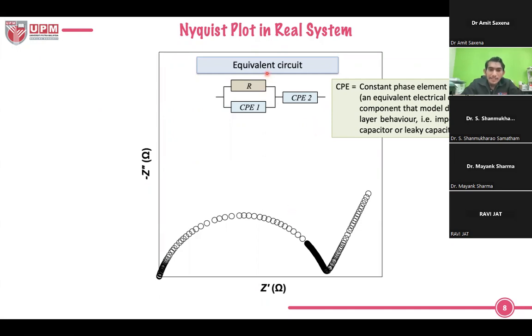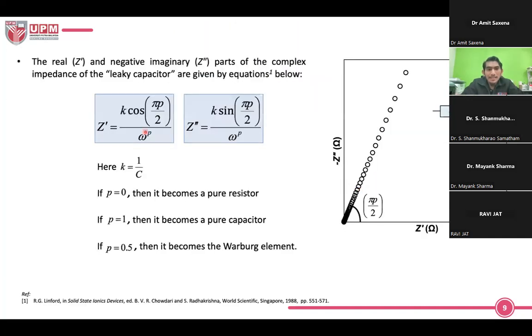So if you can see here, the R in parallel with CPE represents the depressed semicircle, and the CPE here represents the tilted spike. Okay, and this is the equation for the constant phase element. The real and negative imaginary parts of the complex impedance of a leaky capacitor are given by this equation.